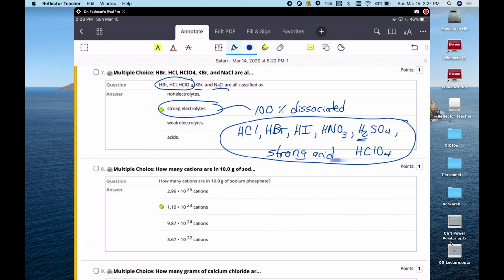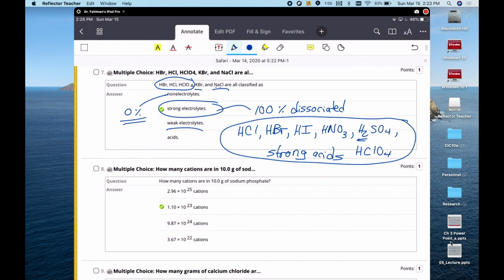In this case acids, but you could also say they're strong electrolytes. Any other acid, like HF for instance, would be a weak electrolyte, because it's only partially dissociated. Non-electrolytes are things that do not break apart at all, so 0% dissociated, and those will be organic compounds, essentially.